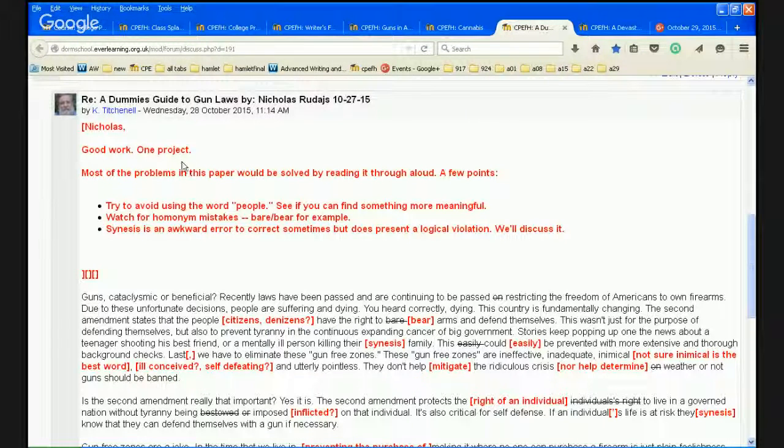Good work, one project. This is a guide to gun laws. Many problems could be solved by reading aloud. We will see whether that's true or not. Try to avoid using the word people if at all possible. Watch for homonym mistakes. Bear, for example. Yeah, after I'd submitted it, I read it over one more time, and I found this weird weather.